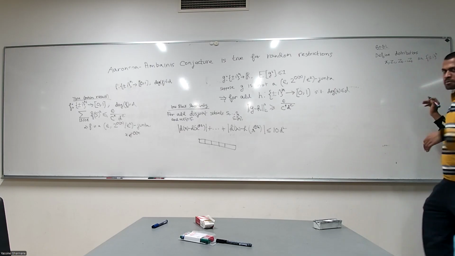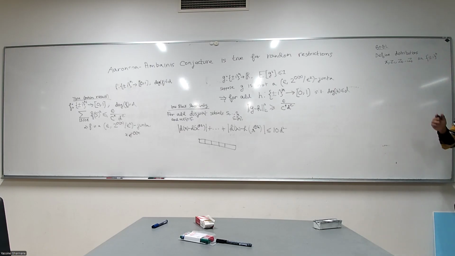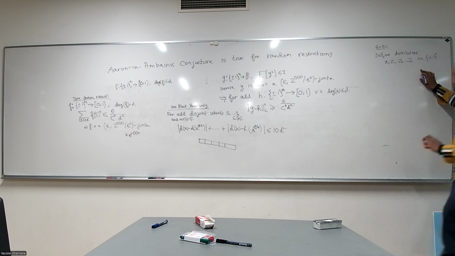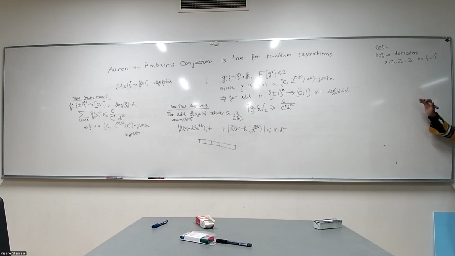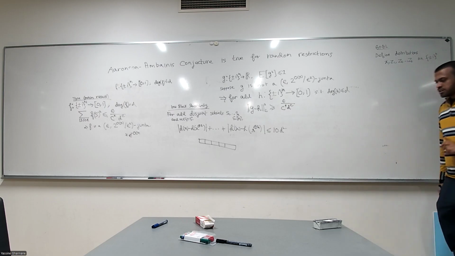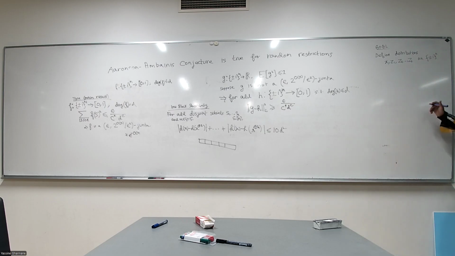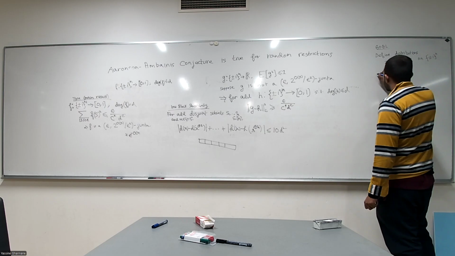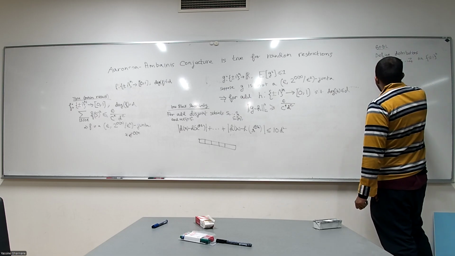L is some parameter that we will choose wisely to optimize the lower bound. We'll define a way to sample these strings from plus minus 1 to the power n. And we want this sampling procedure to have the following properties. Property 1, the marginal distribution of each of these strings is uniform.